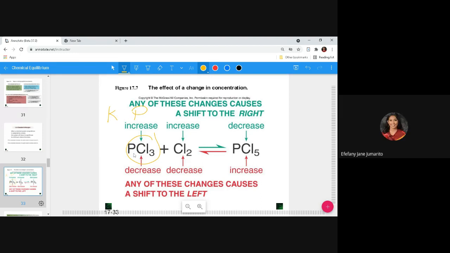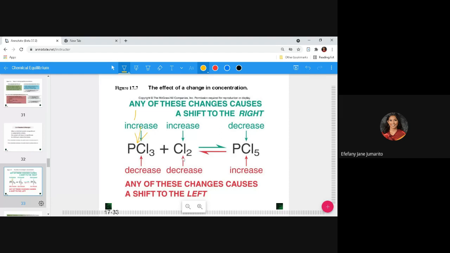Okay, yes. So we have phosphorus trichloride, PCl3, and Cl2, and then we also have PCl5. Now, what will happen if you increase the concentration of your PCl3?